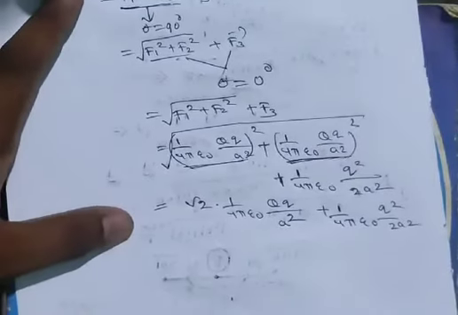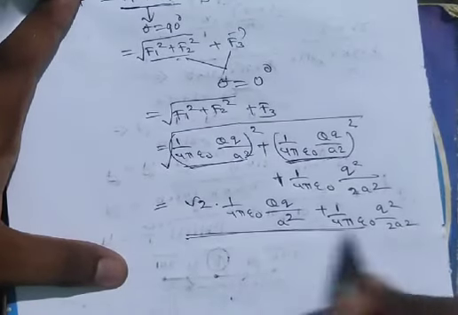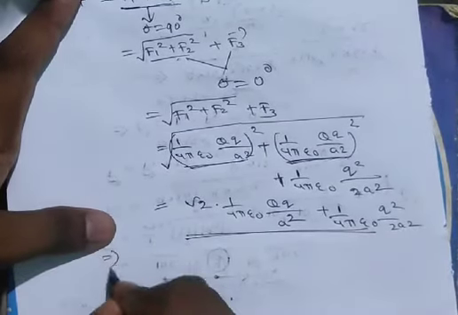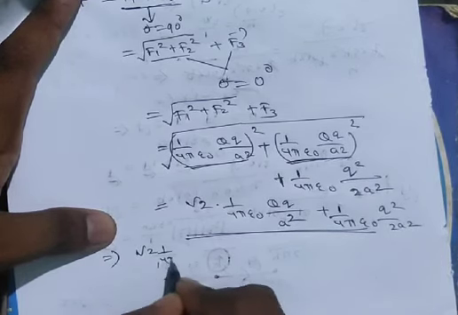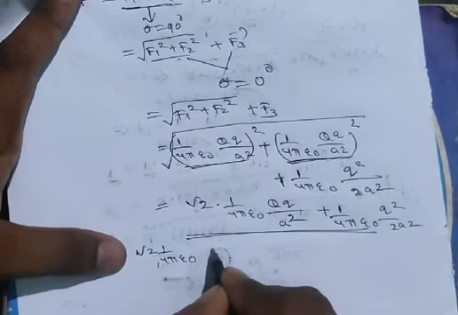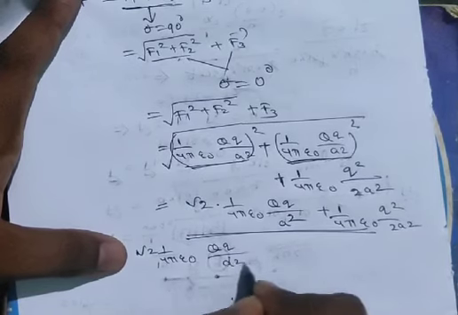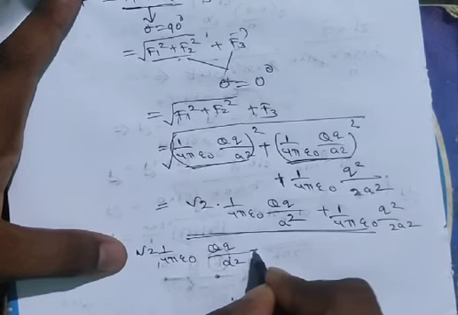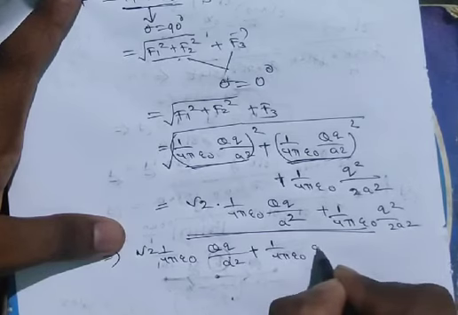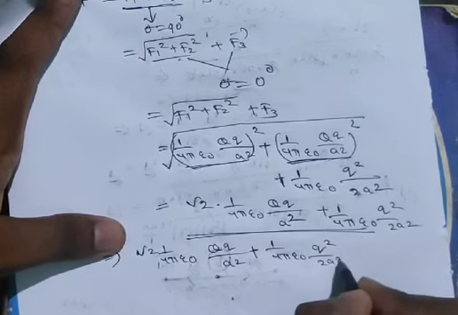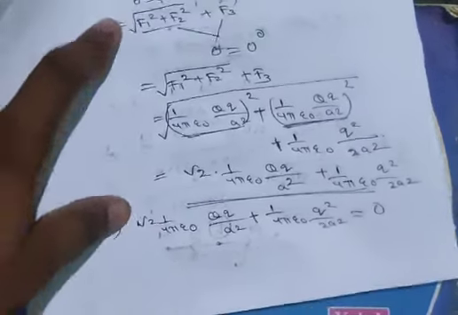In the question it is given that this force should be 0, which means root 2 into 1 by 4 pi epsilon capital Q small q by a square, plus 1 by 4 pi epsilon q square by 2a square, is 0.